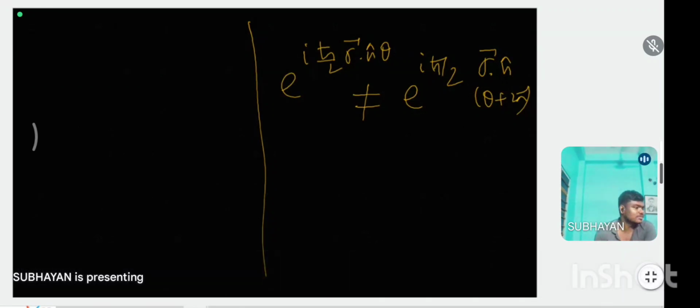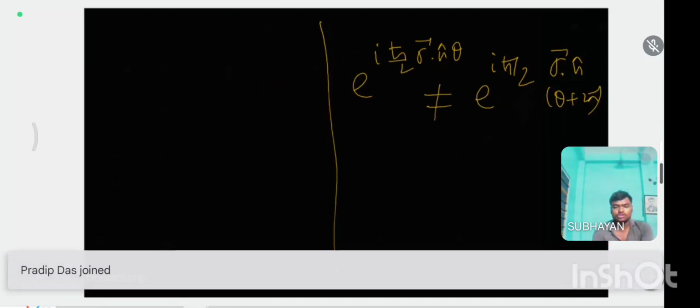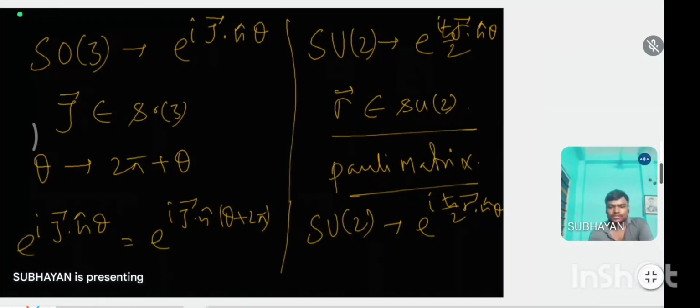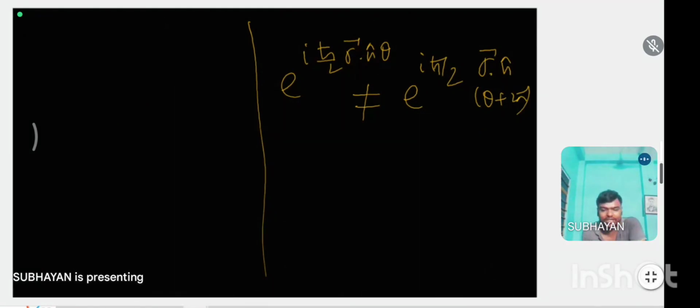E to the power i pi will be minus 1. Here it will be e to the power i twice pi, which is 1. So this will flip. This will not yield the same element. So a twice pi angle of physical rotation is the obvious, trivial symmetry. But a twice pi angle of abstract rotation is not the same.